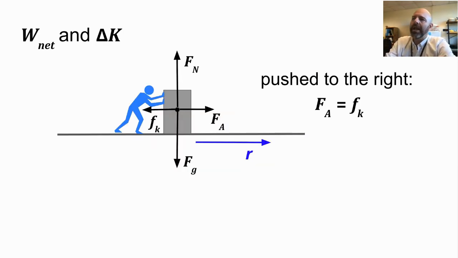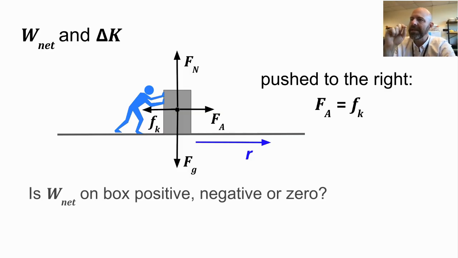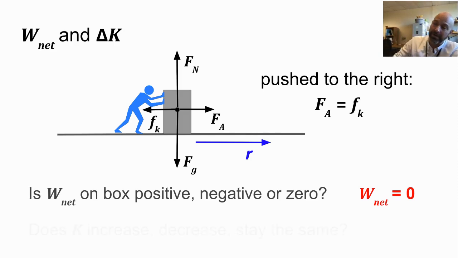If we apply a force, and this is a familiar scenario to you, you've got a force applied on an object that's sliding across a surface. If we apply a force equal to the kinetic friction, we know that the net force on that box is zero. And therefore, because of the definition of work being force times distance in its simplest form, if we have zero net force, then we have zero net work.